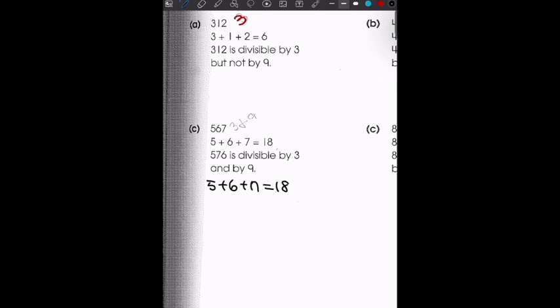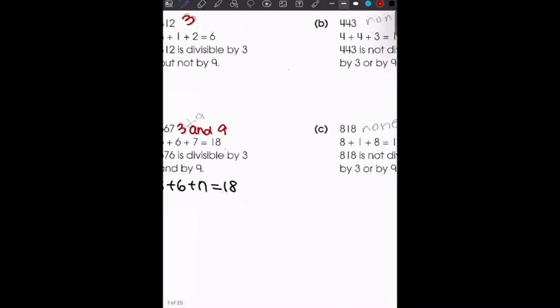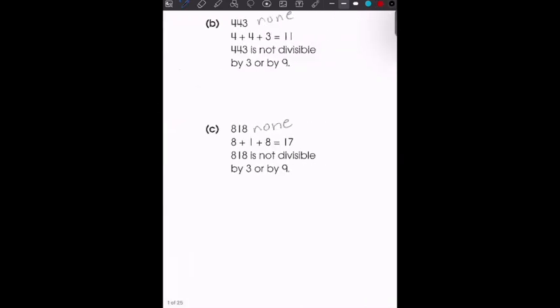So 18 is divisible by both 9 and 3, and so the number 567 is divisible by both 3 and 9. And if we look at 818, the sum of the digits is going to be 17. And 17 is neither divisible by 3 nor 9, so the number 818 is neither going to be divisible by 3 or 9.